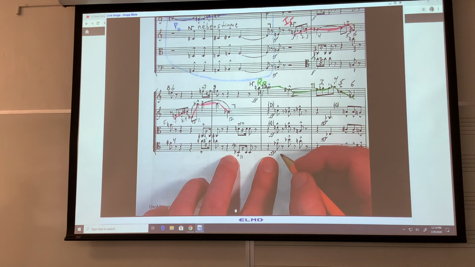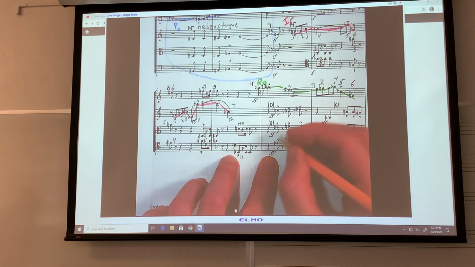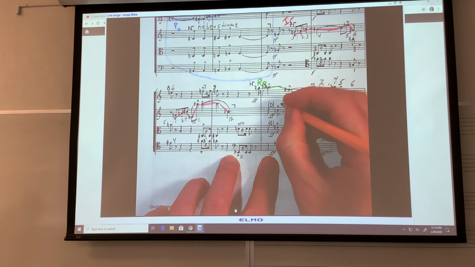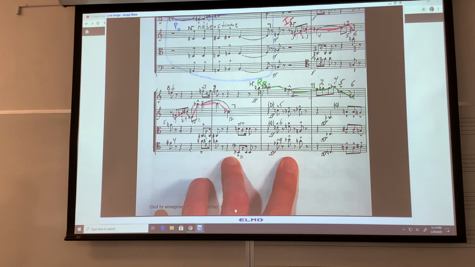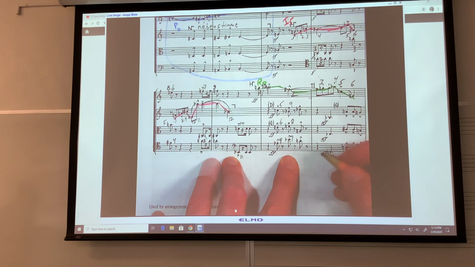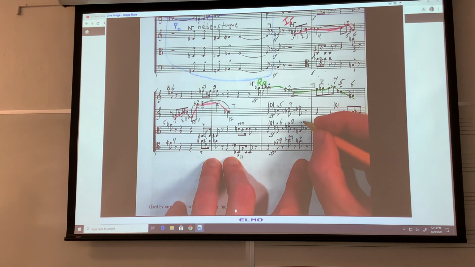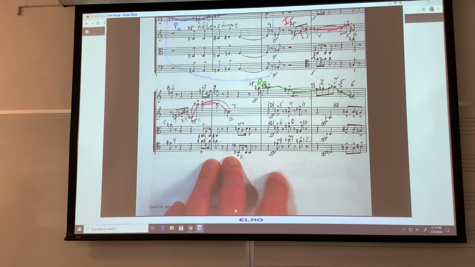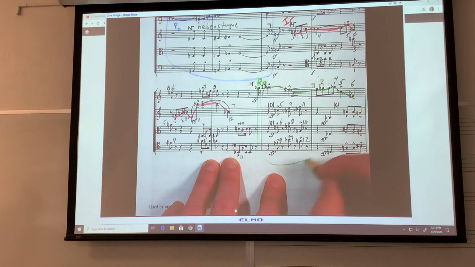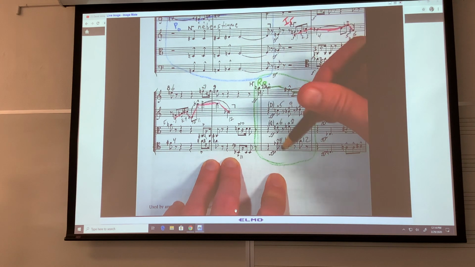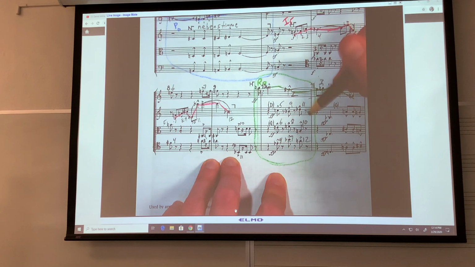So 4, 5, 6 is A flat, C, E, then E flat, F, B flat, and then A, C sharp, D. So you can again see that he's doing the same kind of trick where he's got 1, 2, 3, and then he's got all of the harmonies of the rest of the row, 1, 2, 3, 4, 5, 6, that kind of thing.